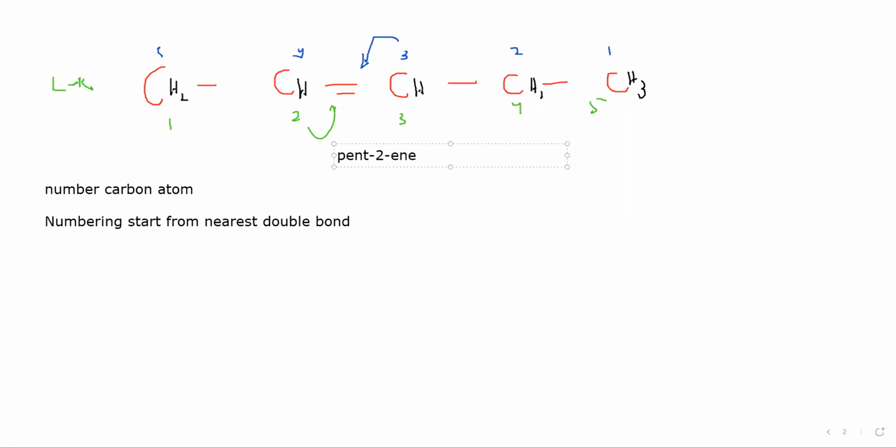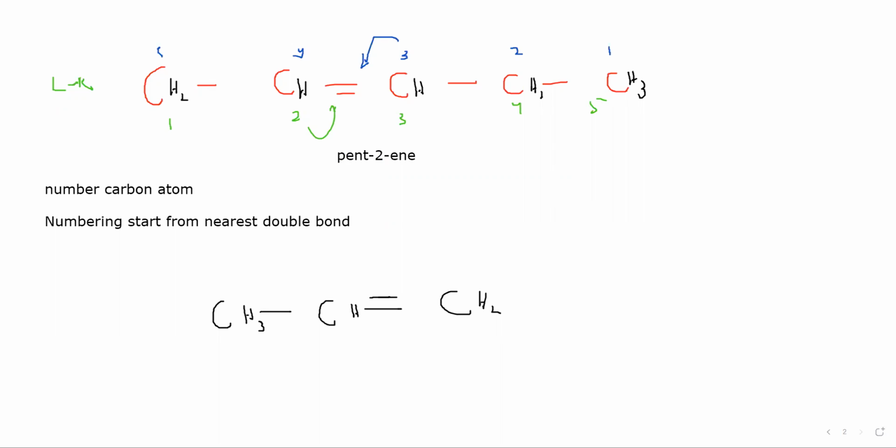What is the name of this compound? It contains 3 carbons and the double bond. It is propene.